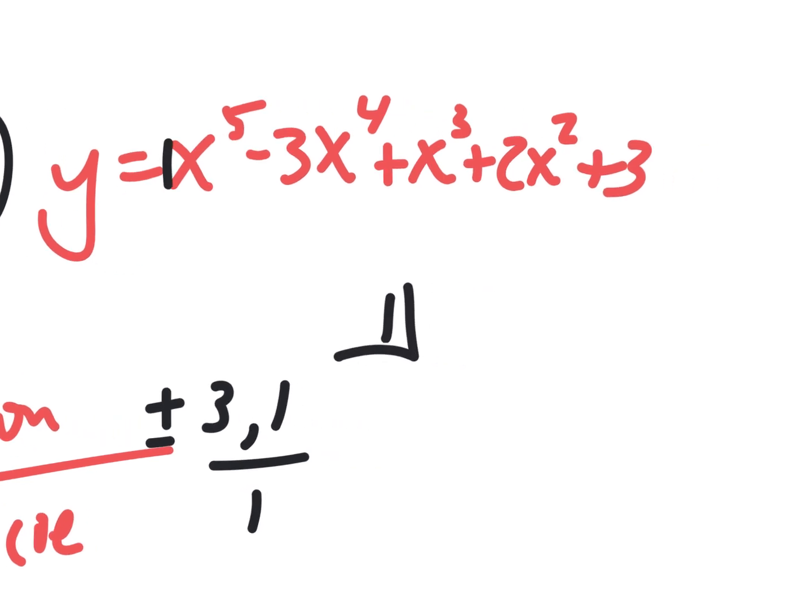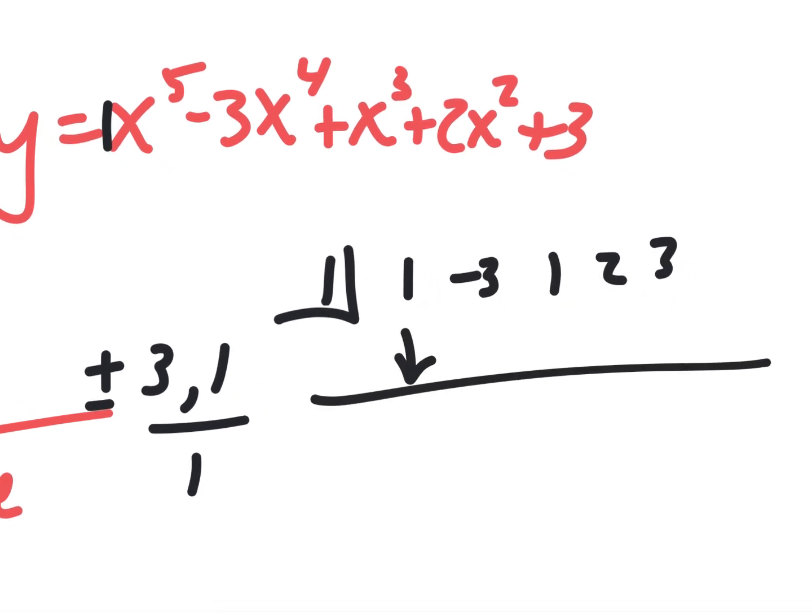And I got to get these numbers: 1 and negative 3 and 1 and 2 and 3. Draw the line, drop it like it's hot. Didn't work. Remainder's 2.